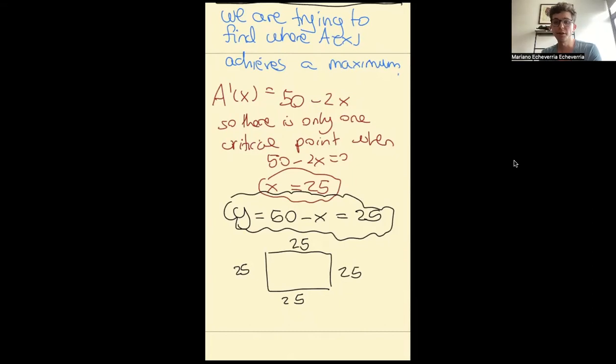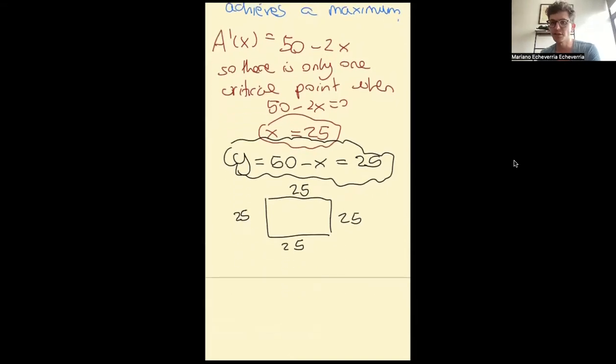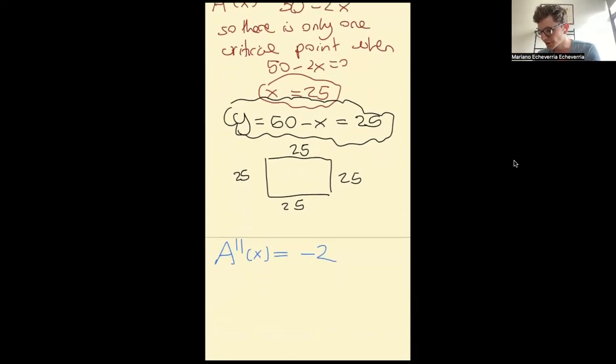I mean, in fact, that was a critical point. Strictly speaking, we have to check that it is a max. So how can you check that it is a max? You can use the second derivative. What is the second derivative of A? Well, you just take the derivative of this again. So this is -2. That means that the function is concave down.